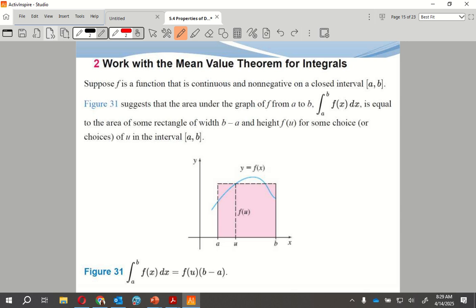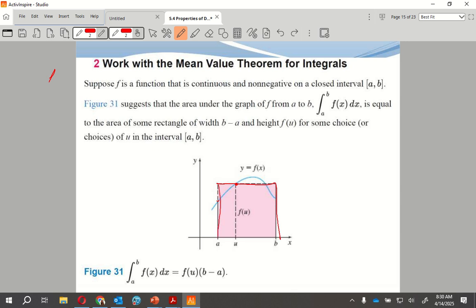All right, so right here, mean value theorem. What mean value is: the area under the curve from here, all of this right here, is going to be equal to this area here.